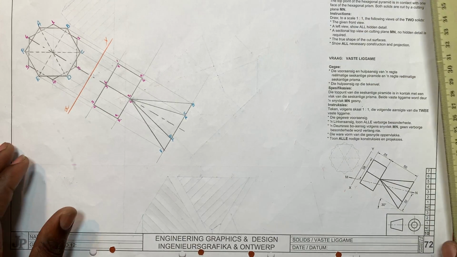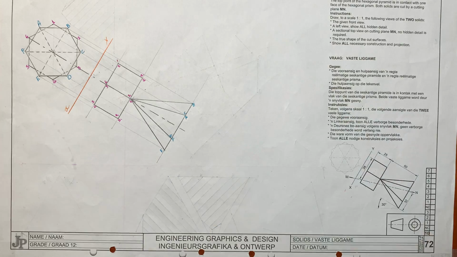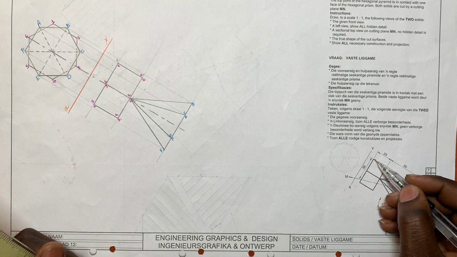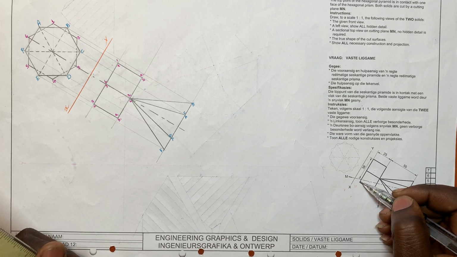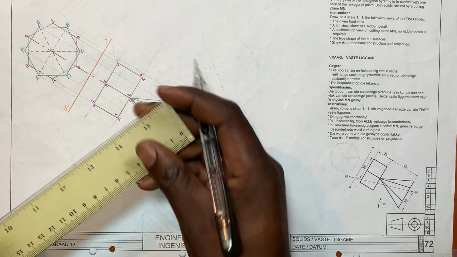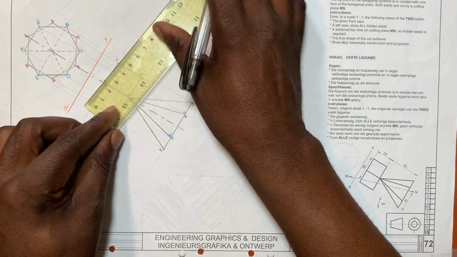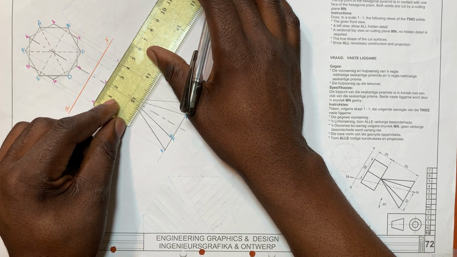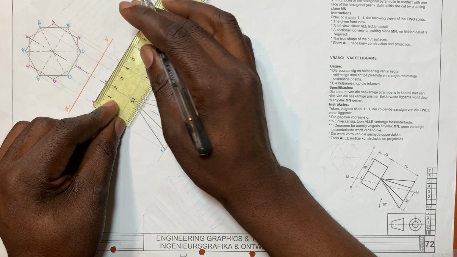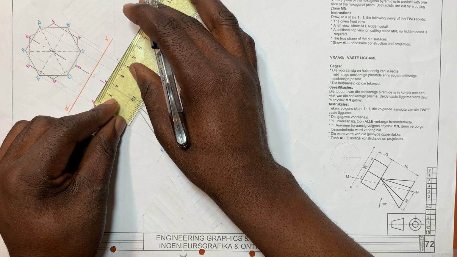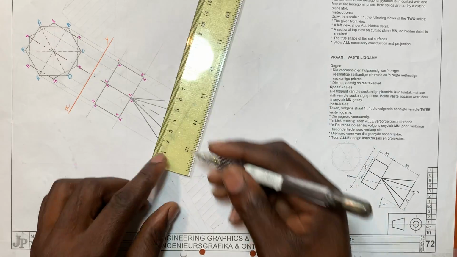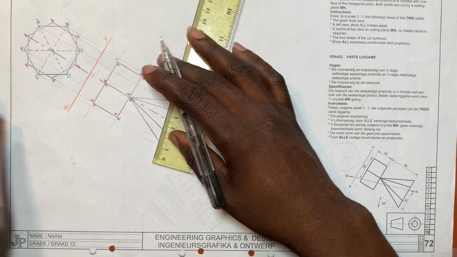Okay, then after this, let's trace the cutting plane. So let's get to the cutting plane. So we are told that from here coming this side is how much? Is 38. This is 40, 39, 38, which is right here.